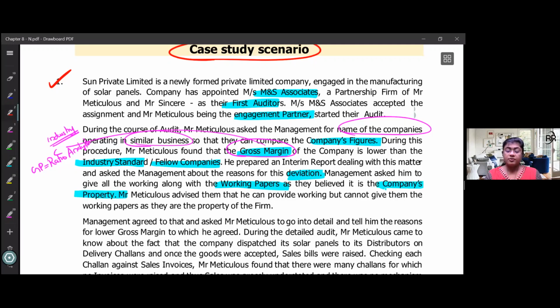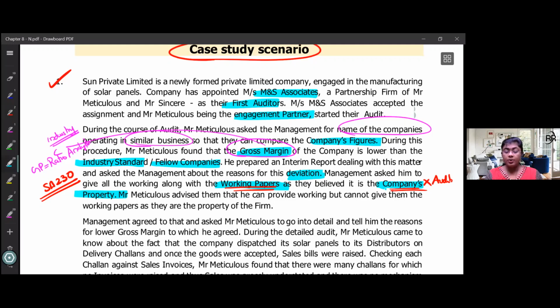See, students, we have studied, as per SA 230, working papers are the property of the auditor. He may, at his discretion, make available extracts to the company. It's not the property of the company.